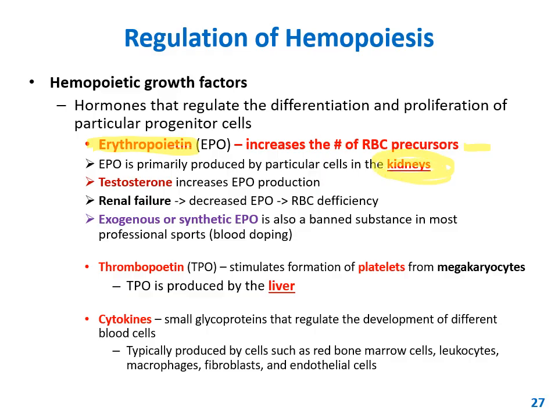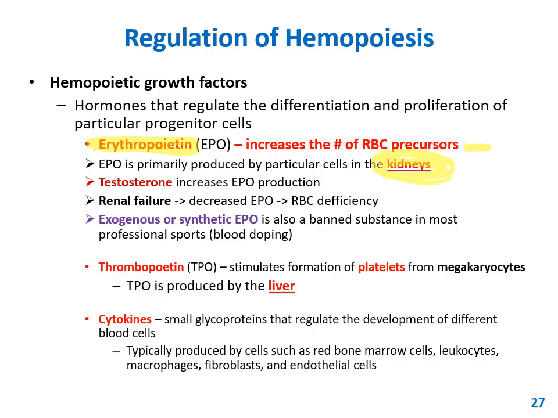If your kidneys do not work well, your level of erythropoietin is going to go down. That means if you have kidney failure, you're also going to have anemia, which is a low level of red blood cells. Okay? So kidneys are going to produce erythropoietin.